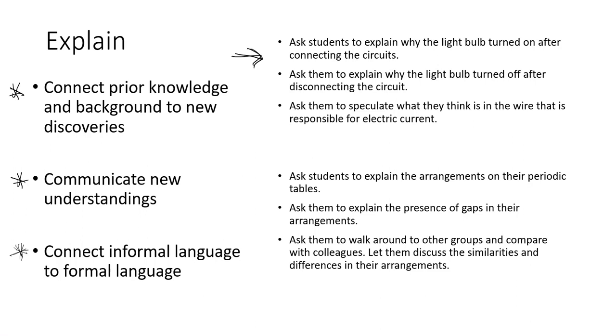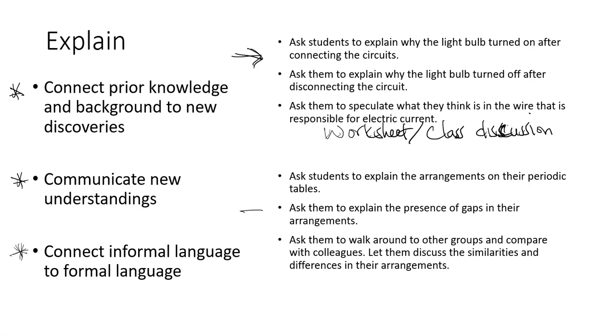This can be done by a worksheet, or you can just have a class discussion on that. So you can do it in several ways. But what is important is you want your students to be able to explain, to understand more what they are learning.